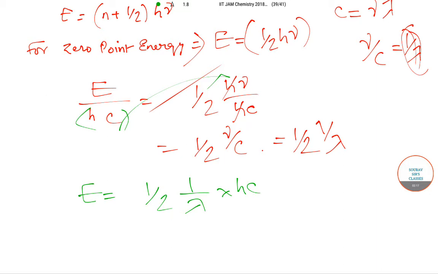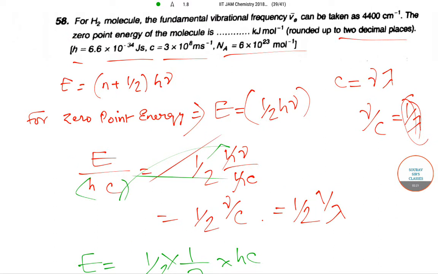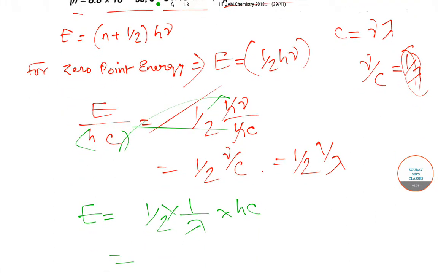So now we know that 1 by lambda has been given as 4400 centimeter inverse. So this will be equal to half into 4400 centimeter inverse into the value of h, which is 6.6 into 10 to the power minus 34 joule seconds.